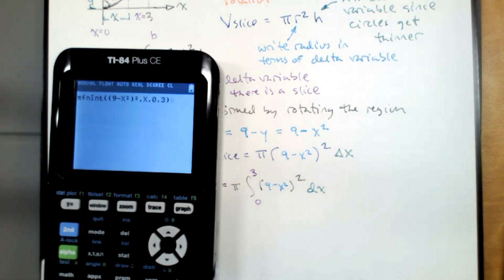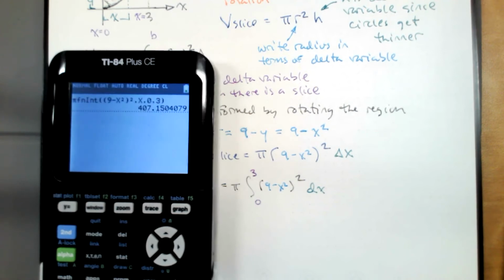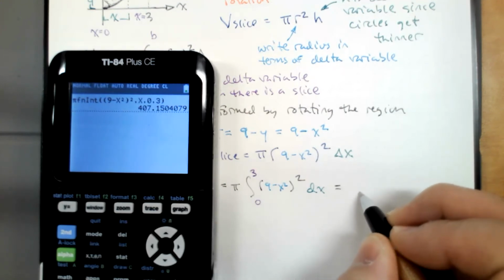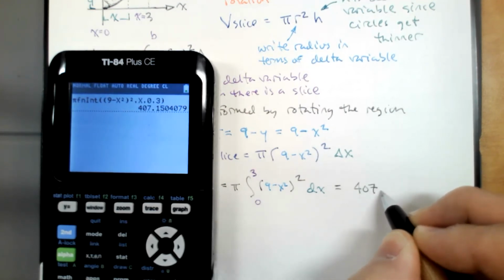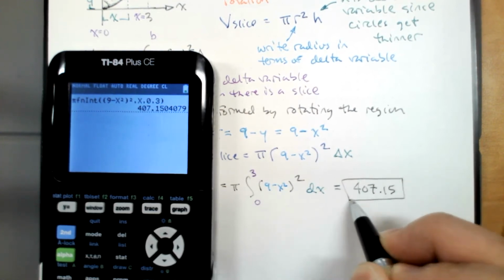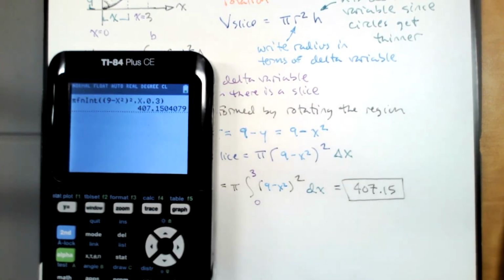Double check our syntax, and then see if we're right. 407.15. I usually request 5 significant figures for reasons. I had to pick something. I never assign units. So 407.15 cubic something. I don't know exactly what the units are going to be, but there will be 407.15.